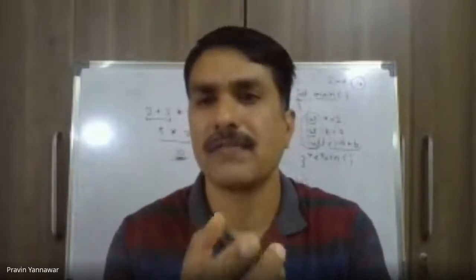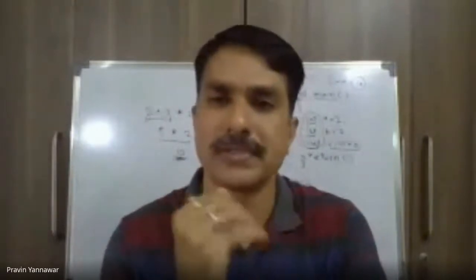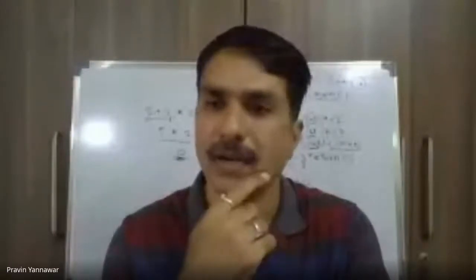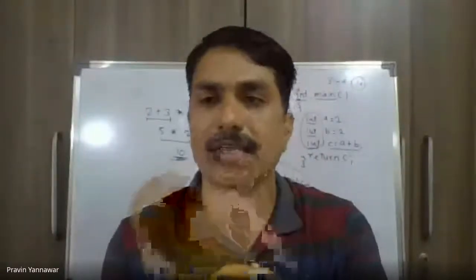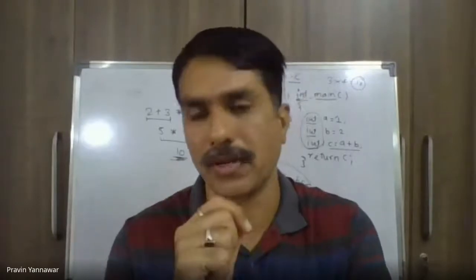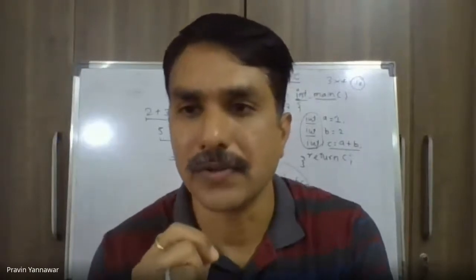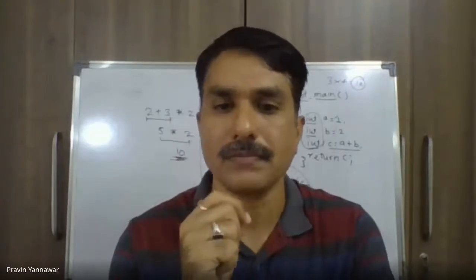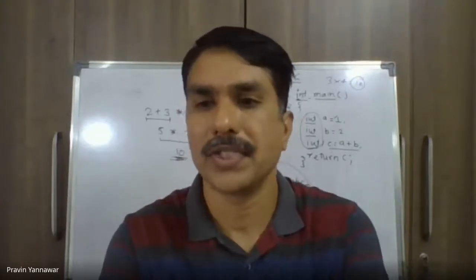Once it is an executable file, it is ready to go. You straight away execute that particular file. So there is no relation of interpreter and compiler with respect to a C program. I hope this is clear to you.